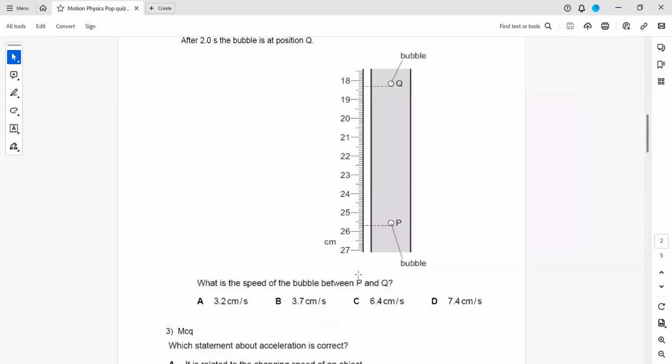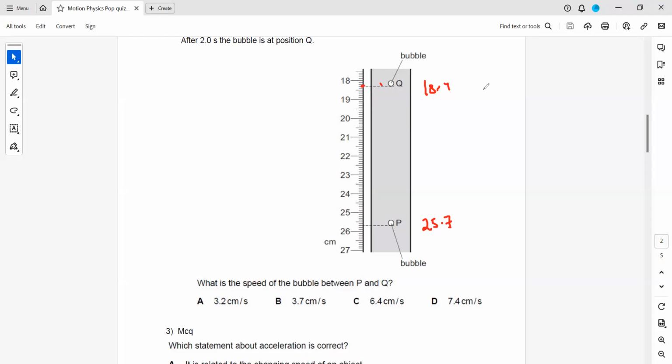At this point, this one is 18.1, 2, 3, and 4, so this is 18.4. And this one is 25.5, 6, and 7, so this is 25.7. To know how much distance it has covered, we will take the difference.